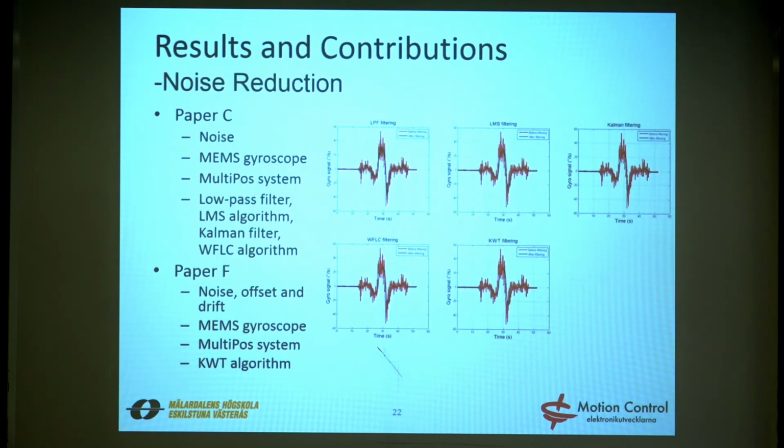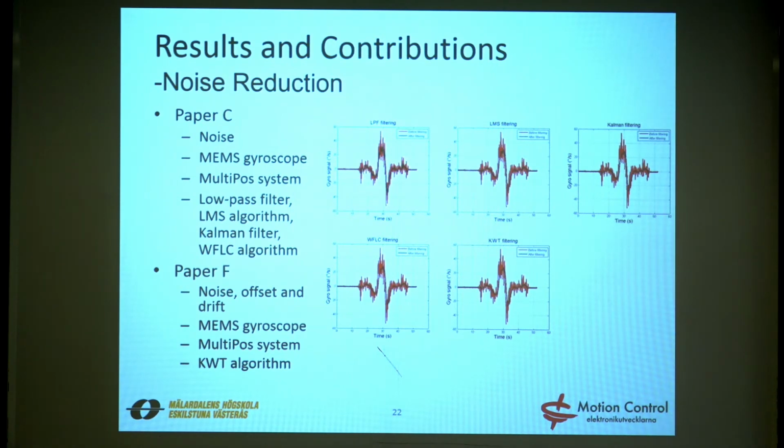And this is for noise reduction that's presented in paper C and F. This is the result of low-pass filter and LMS filter, a Kalman filter, and this is the WFLC algorithm result, and this is the KWT. This is a movement signal, and all the algorithms reduce the noise.